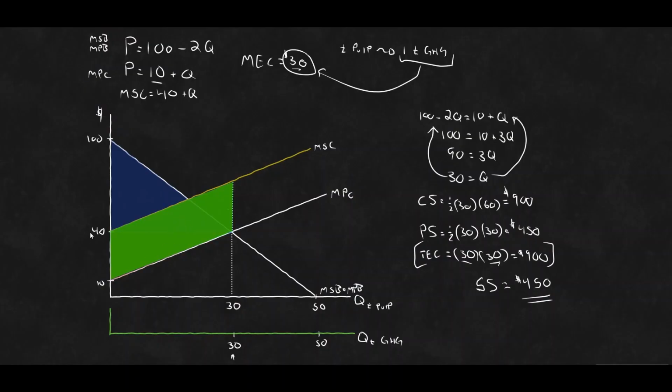This green area is $30 per unit over 30 tons of greenhouse gases. That green trapezoid is going to be our total external cost. That is our pollution cost. And what we see is it completely dominates our diagram in this case. Let's just fade it down a little bit so it's not so overwhelming. We'll still be able to see it, but it will just be there in the background.